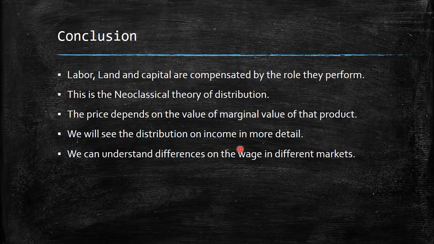At the end, I guess we can understand why a software programmer will earn more than a gas attendant, or even, for example, a soccer player, because definitely the value that he produces is higher than that of a gas attendant or a waiter or a waitress.